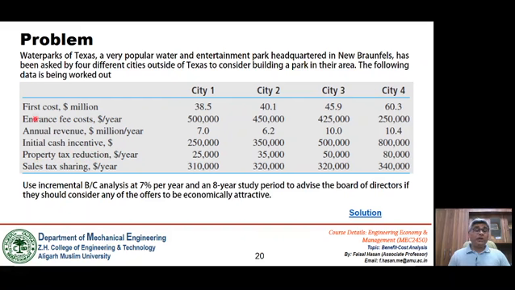Accordingly we have to decide what the total cost is and what is associated with the benefits. We first have to see what the benefits are and what the total cost is.